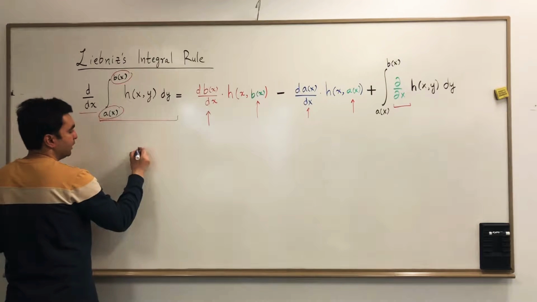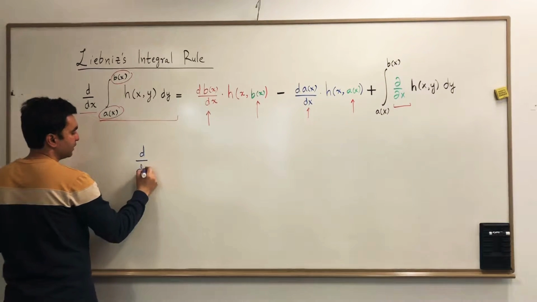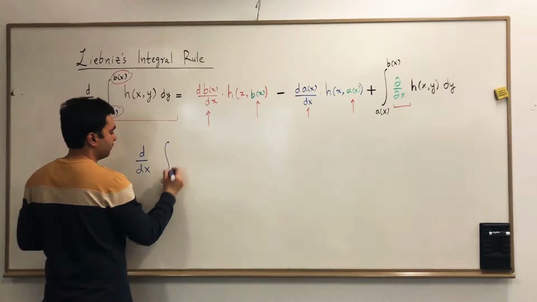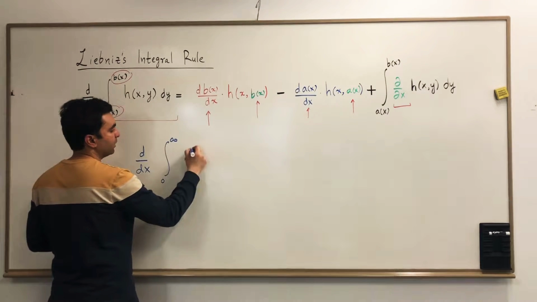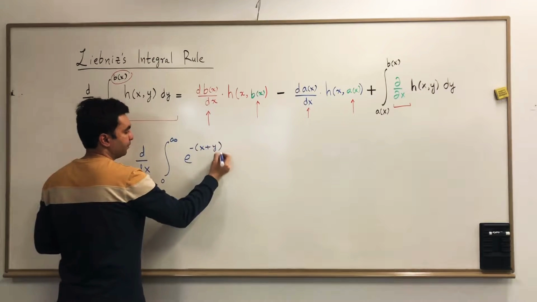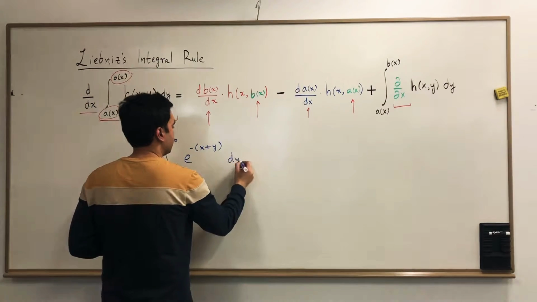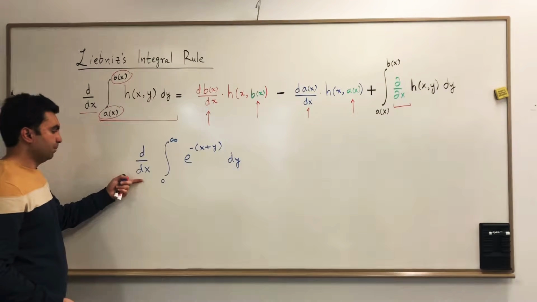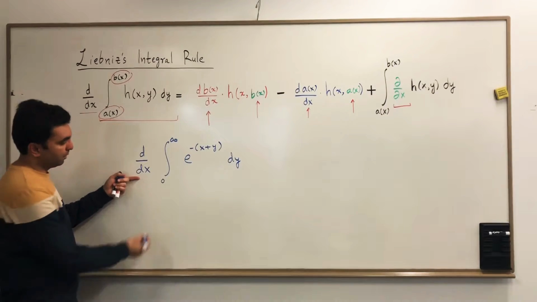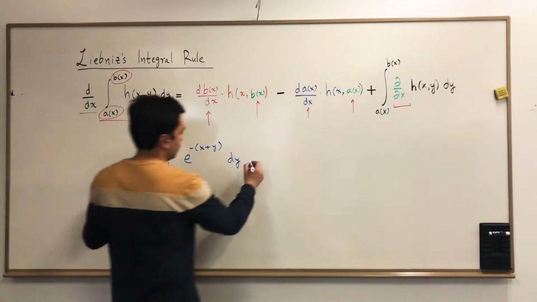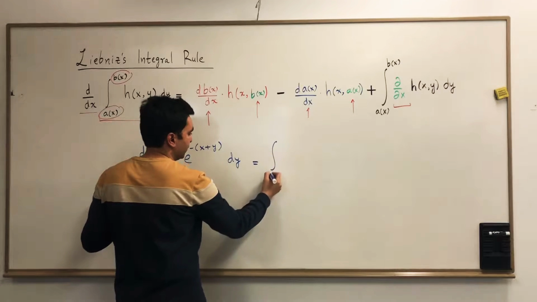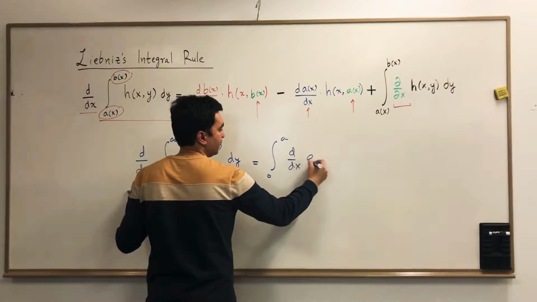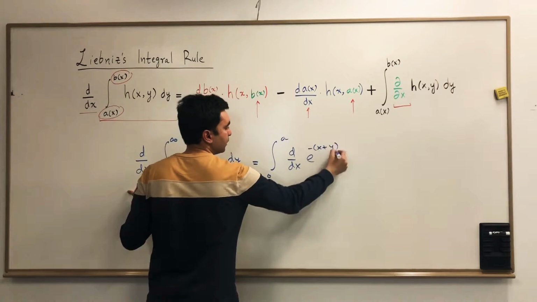For instance, if you want to do d over dx of an integration from 0 to infinity of e to the negative (x plus y) dy, we could simply move this derivative inside the integral because the limits are constant. So we could just say this will be the integral from 0 to infinity of d over dx of e to the negative (x plus y) dy.